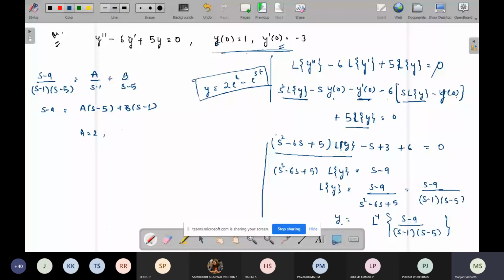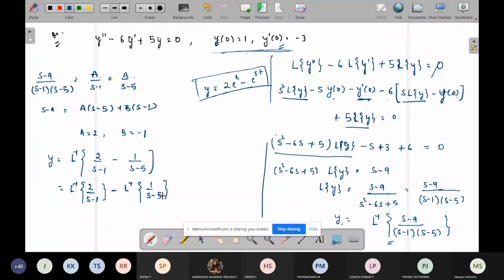That means y is equal to Laplace inverse of 2 over s minus 1 minus 1 over s minus 5. So we are substituting a and b, and directly I am writing here: Laplace inverse of 2 over s minus 1, minus Laplace inverse of 1 over s minus 5. You remember that Laplace transformation of e power at is 1 over s minus a.